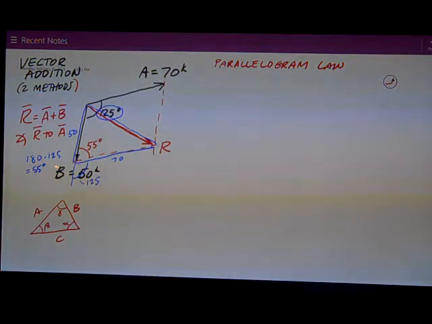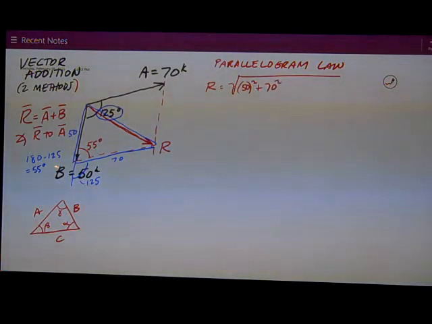Now I know everything I need to solve for the resultant. By the law of cosines, the length of that opposite side, R in this case, is the square root of the two sides that I know squared, which is 50 squared plus 70 squared, minus 2 times the two sides, 50 and 70, times the cosine of the angle between them, which is 55 in this case.